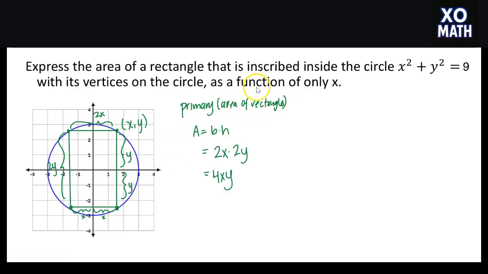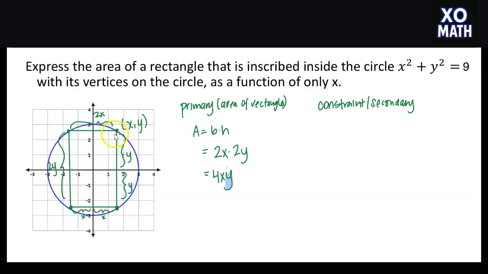Now I want this to be a function of only x, meaning I'm going to need to eliminate y using some constraint equation. The constraint equation, or the secondary equation that I'm going to need, is some equation that involves x and y, that talks about the limitation.